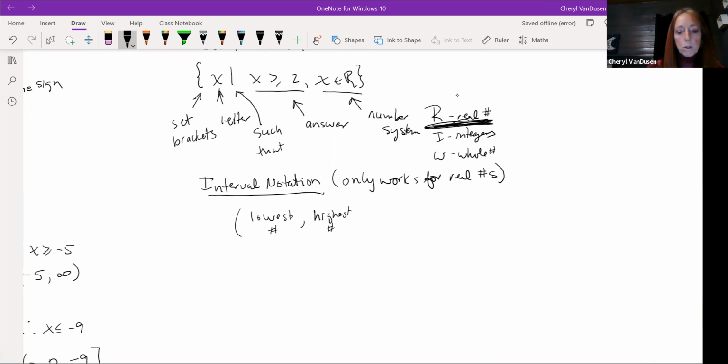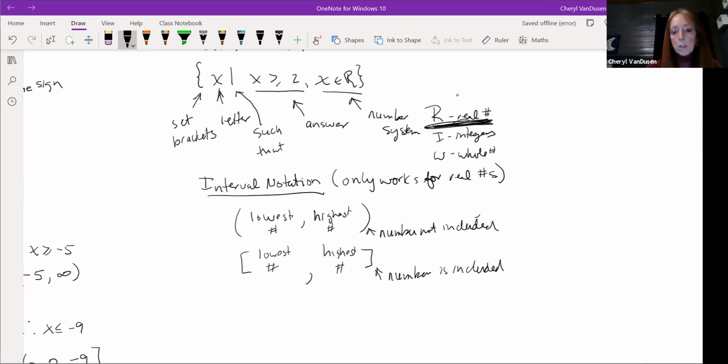And then we either use circular brackets or square brackets. And we can have an intermix of both. Lowest number, highest number. The difference between the brackets is that the number is not included if it's round brackets, and if it's square brackets, the number is included.